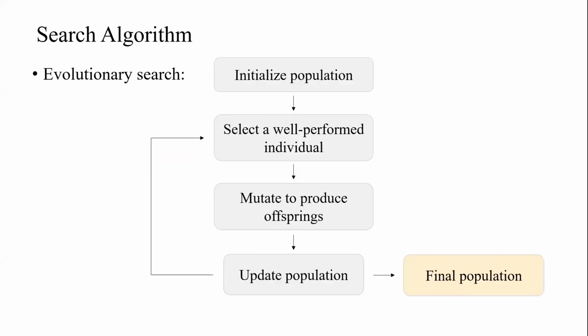To explore this highly flexible search space, we involve an evolutionary algorithm for search. Of course, this algorithm is commonly used for AutoML, so we'll just skip this part. This is just a standard evolutionary search framework.